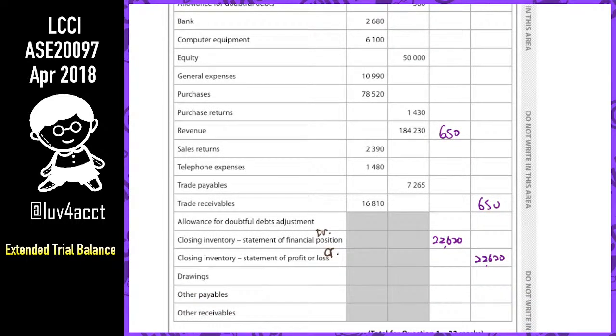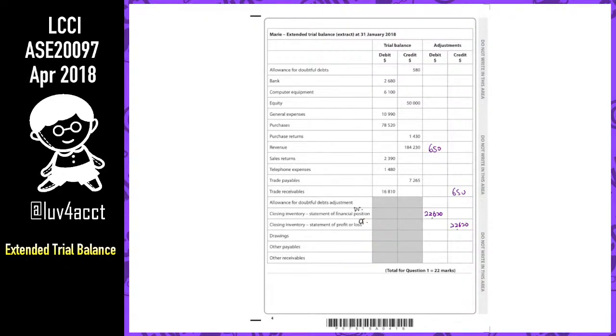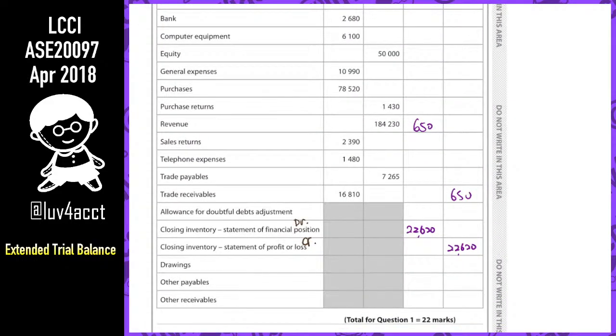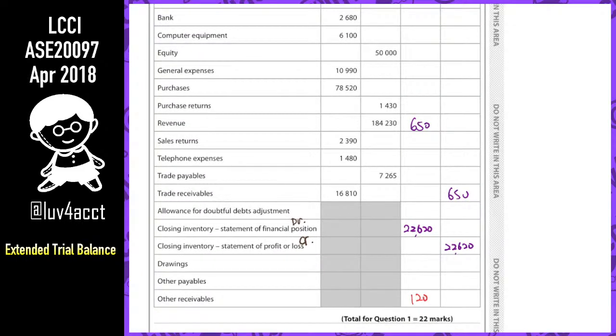If we do not have rental, it is telephone rental, not telephone expenses. So we have prepayment, 120, then 120 here.